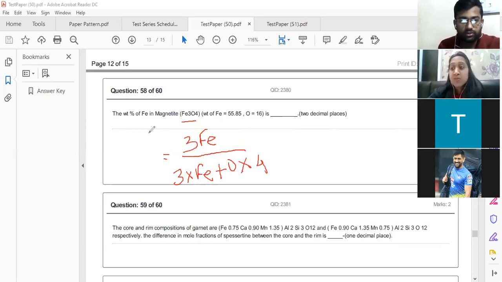Okay, so see this, we need to calculate the weight percentage of Fe in magnetite. So here Fe is 3 Fe. Okay, so 3 Fe upon total, multiplied by 100. So the weight percentage of Fe, given Fe is 55.85 and oxygen is 16.